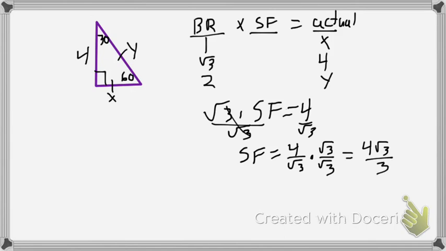That gives us 4 radical 3 over 3. So that means that our scale factor is 4 radical 3 all over 3. That means that x is equal to 4 radical 3 over 3 and y is equal to 8 radical 3 over 3.